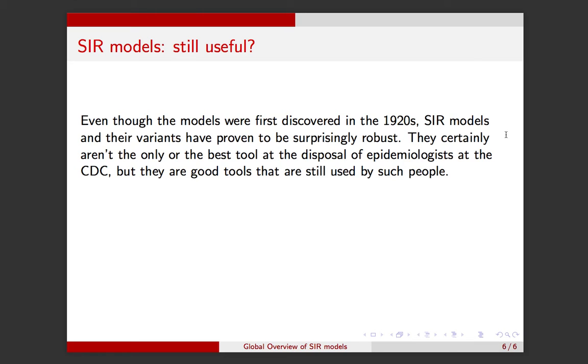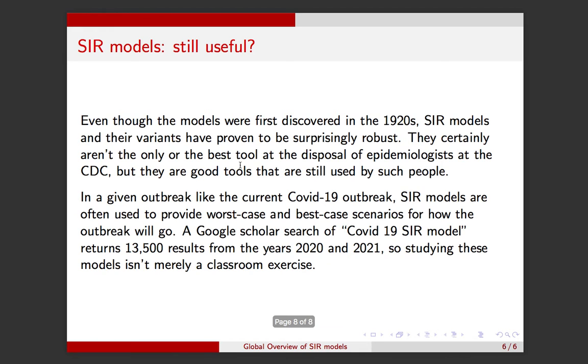Maybe not the classical ones all the time, but certainly SIR type models are very useful. They've proven to be surprisingly robust, and they certainly aren't maybe the best tool for the CDC to use. They'll use some fairly sophisticated statistical models that we can't get into, but people at the CDC certainly do still look at SIR models, and they're pretty good tools. In particular, they can help provide information about a best case, worst case scenario. So they're good for that.